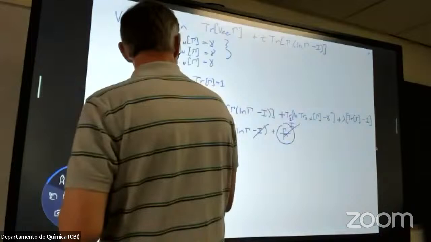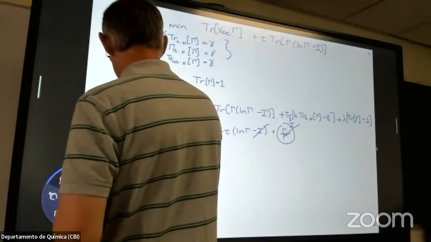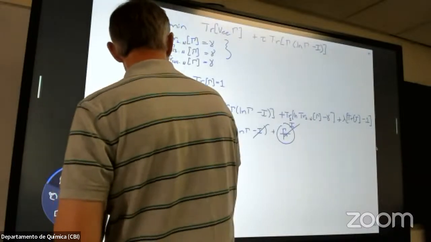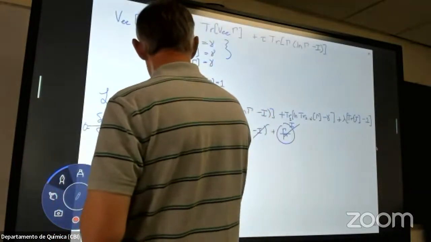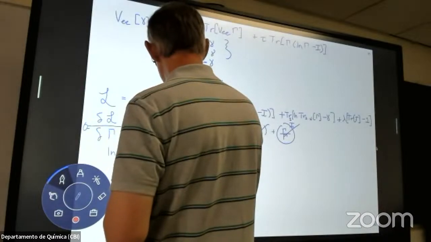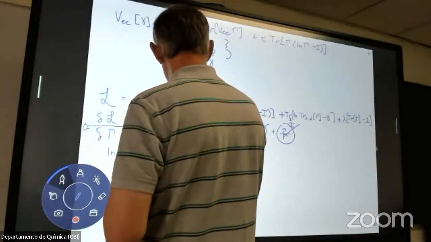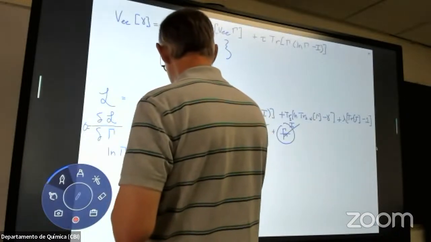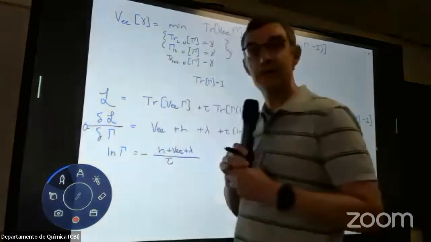And we can just write this as log gamma is minus H plus VE plus lambda over tau.